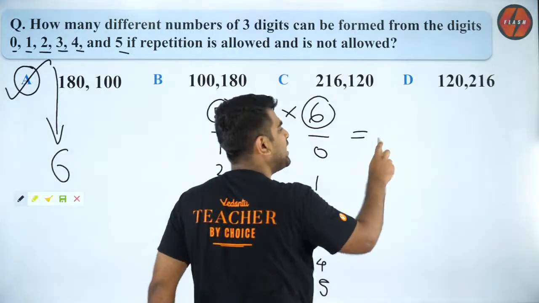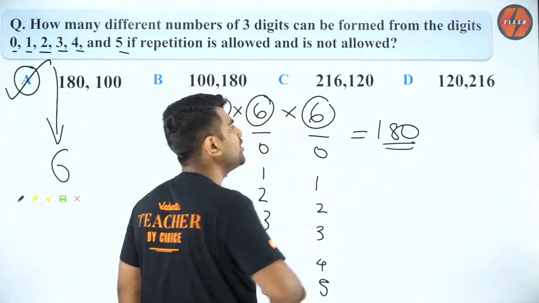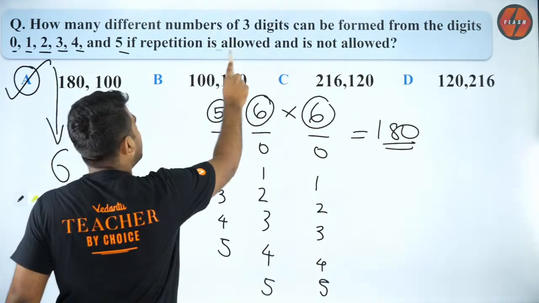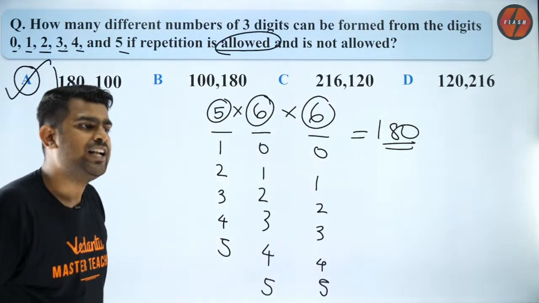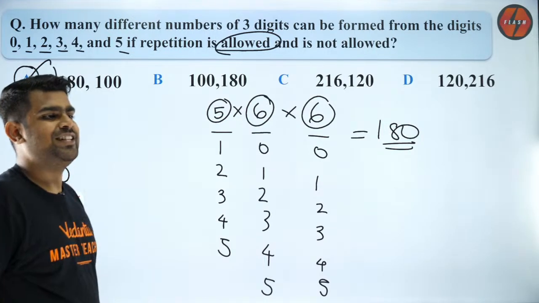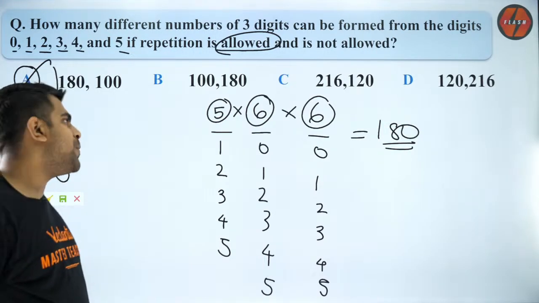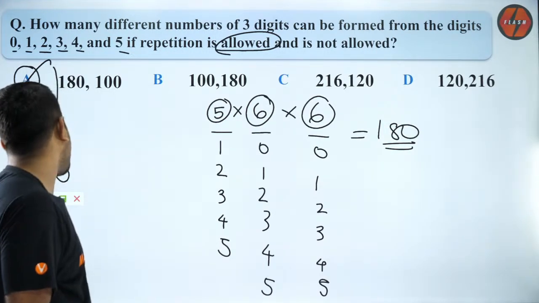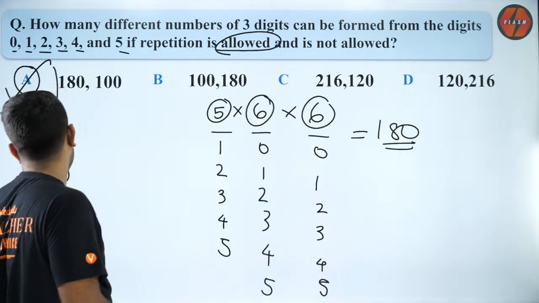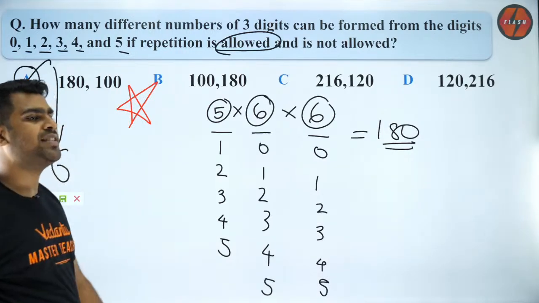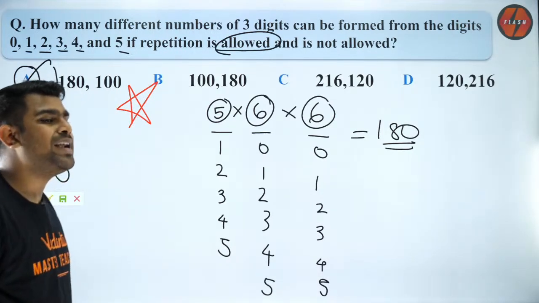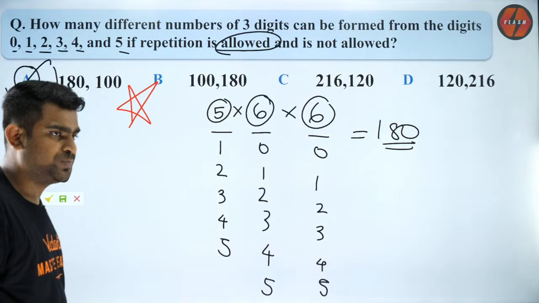So it is going to be 180. That is the answer for the first part, when repetition is allowed. Did you all understand that? Everybody? Yes. If you have got it absolutely right, then you will get a star, because that's the right answer. But wait a minute, we are not completely done.